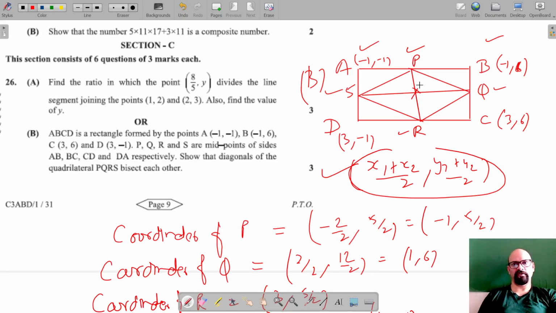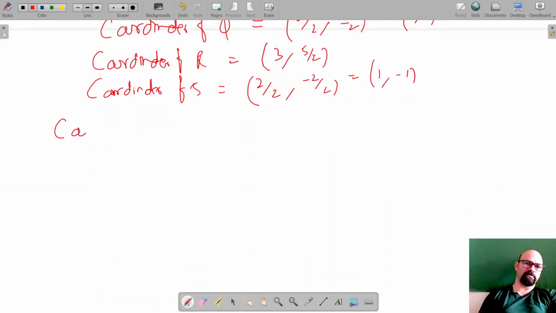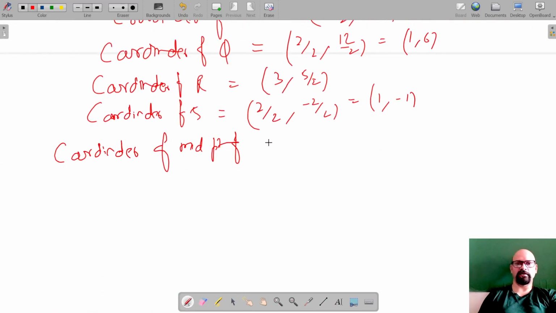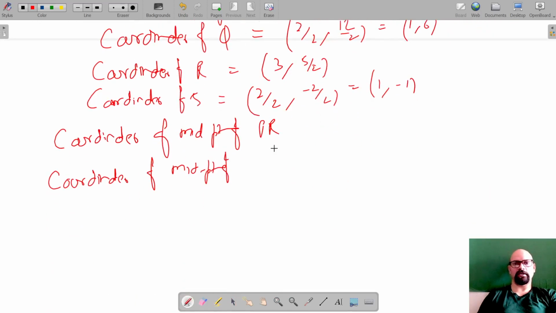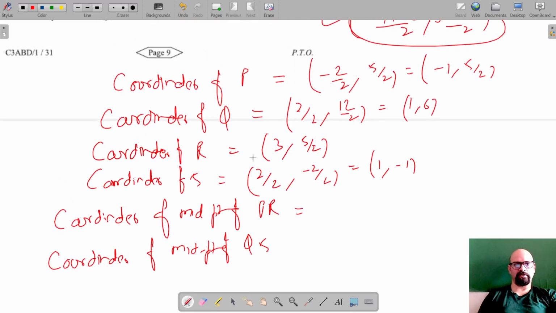And if the coordinates are the same, that means these diagonals bisect each other at O. And we know how to find the coordinates of midpoints.